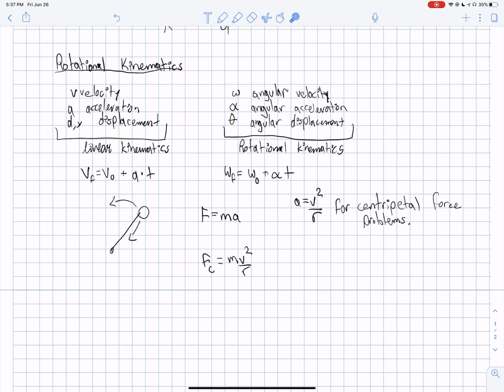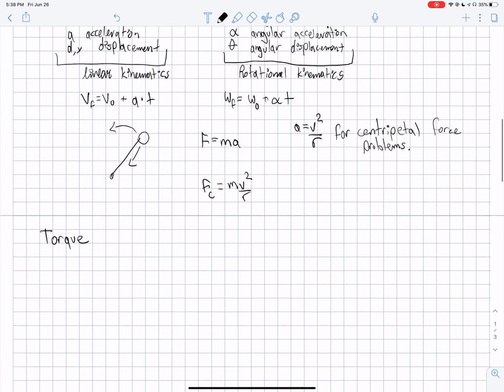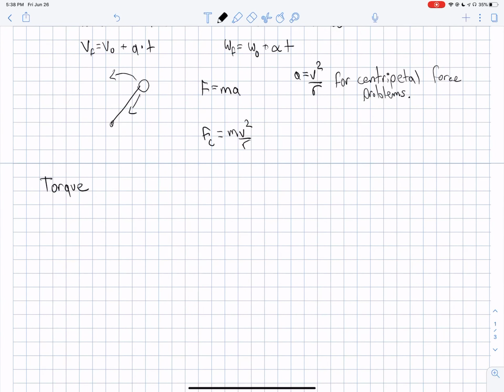Now there is one last topic that we need to go over from physics 2, and that is torque. So what torque is, it is the angular equivalent or the rotational equivalent of force. So I showed you already that velocity has omega for angular velocity as its equivalent. The a in acceleration has alpha for angular acceleration, and the x or the d for displacement has theta for angular displacement as its equivalent. There's a few more that I'm going to write down. So for linear, I'll write linear over here.